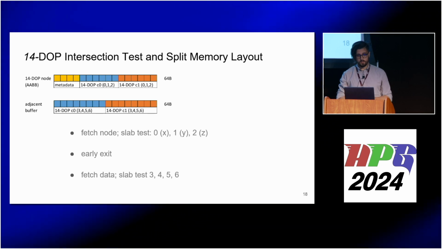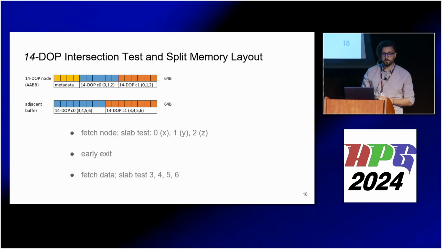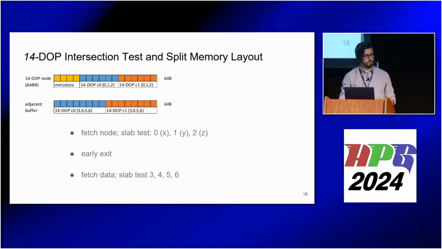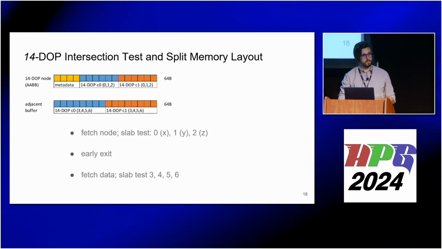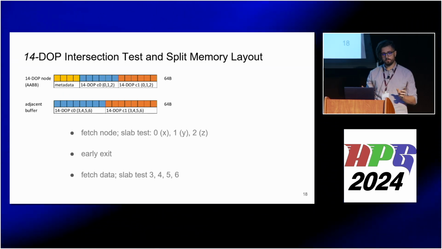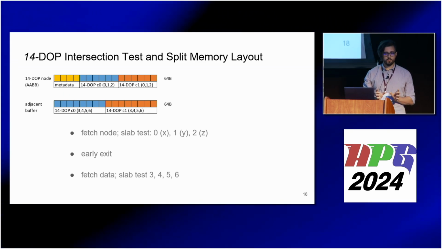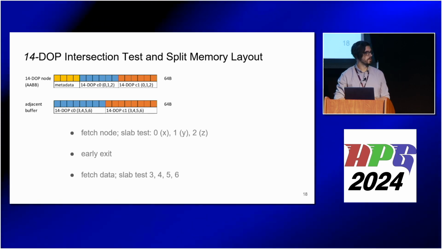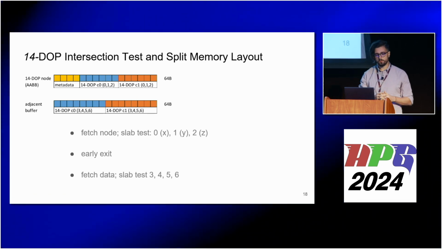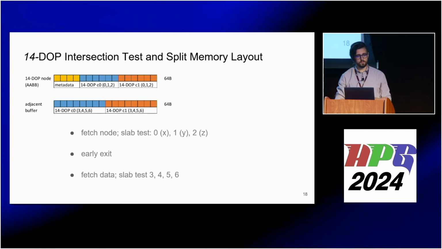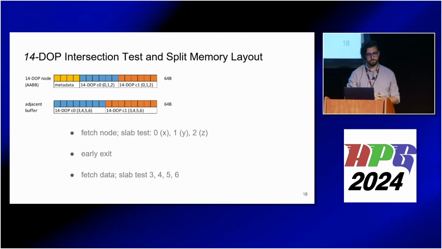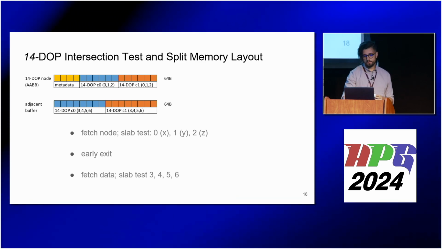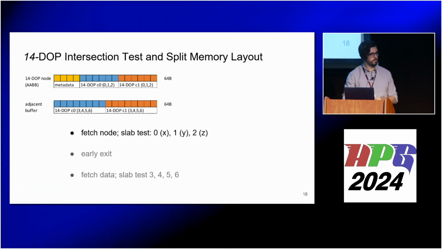So to get at least something from this early exit idea, we propose the following approach. We split the memory layout of our 14-DOP nodes into 2 parts. In the actual BVH, we store only the AABB part, which in the case of 14-DOPs is implicitly present there. And we store the rest of the 14-DOP data in an adjacent buffer. With this, we can proceed with the intersection test in this manner.